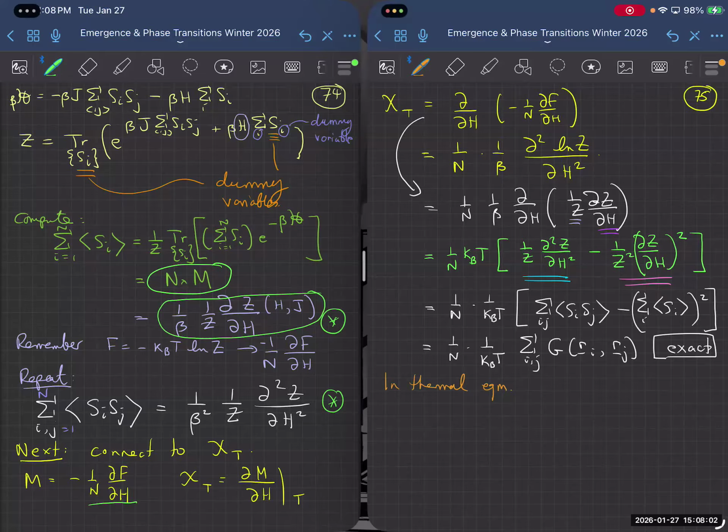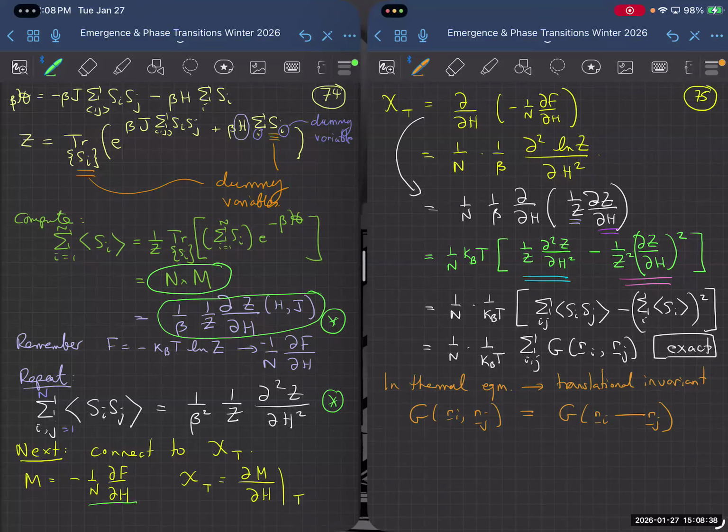So that means that it is a function only of the separation between the points i and j. So G of R_i and R_j is actually equal to G of R_i minus R_j. So it's just a function of the difference between them. So whether I take these two points and look at the difference between those, or these two and take the difference between those, once I average over all configurations, I get exactly the same results.